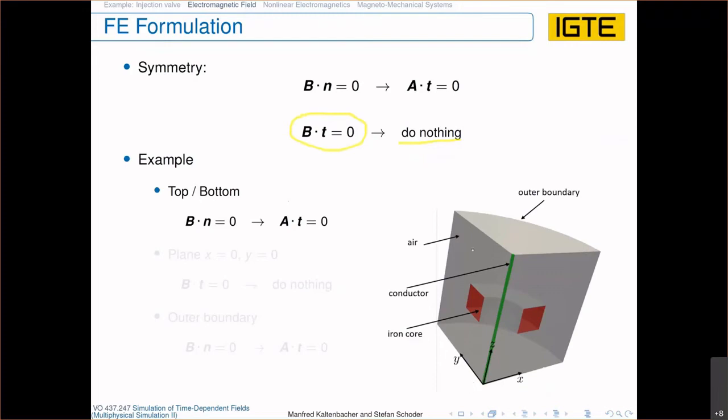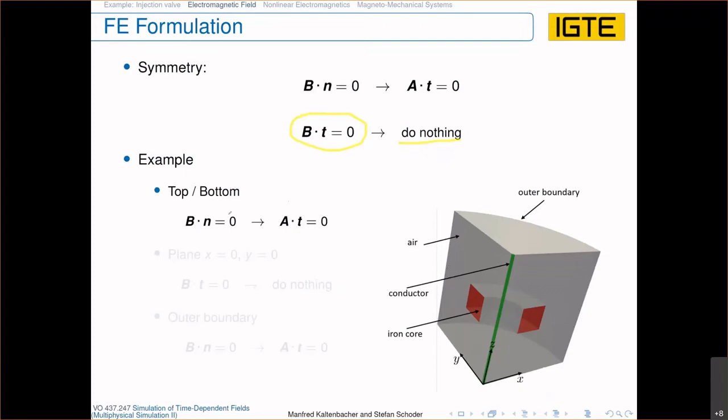So we have the top and the bottom as surfaces where we have to define the correct boundary condition. We have here the surface where x is equal to 0, here the surface where y is equal to 0, and then we have the surface in circumferential direction, so the outer boundary.